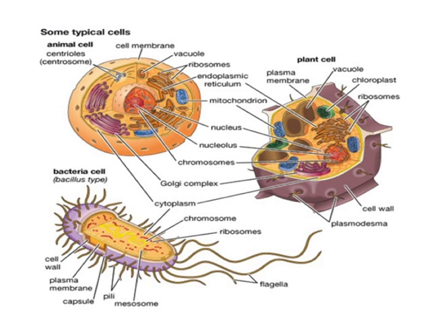Some differences between them: chloroplast is present in the plant cell and absent in the animal cell. In the plant cell, a large vacuole is present, while in animal cells vacuoles are either absent or, if present, small in size.